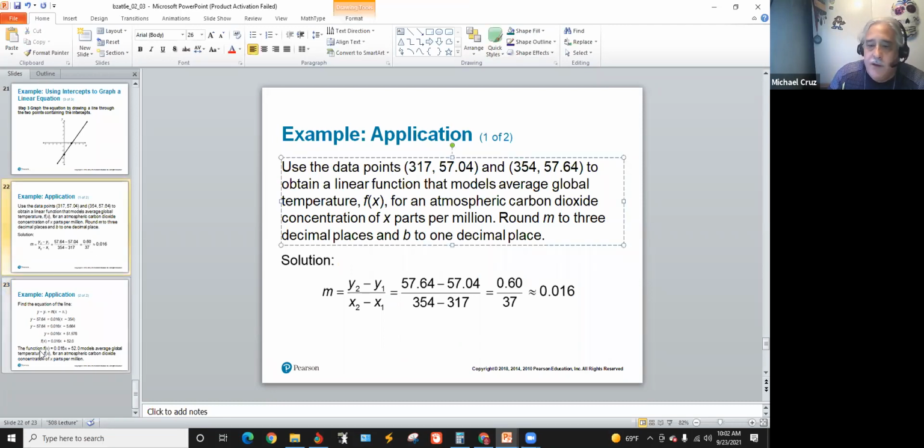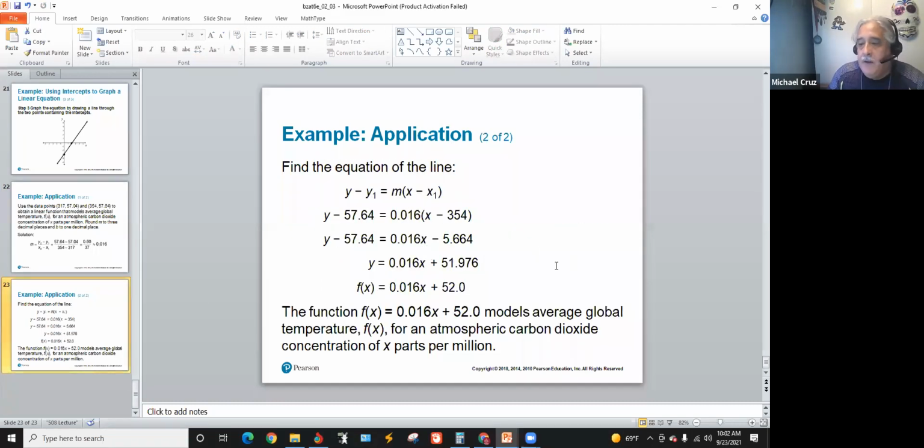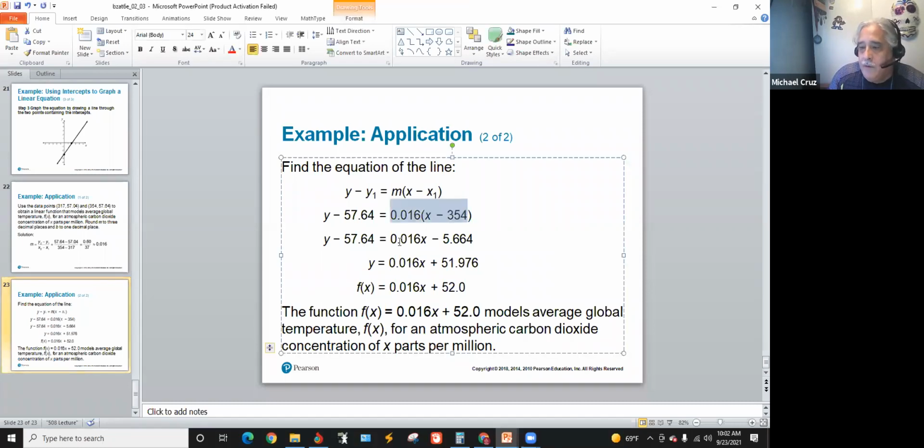See, they're using that point there. Then just simplify it. Run this through, and then add that on to get it on the other side. So here's our equation or function that models that.